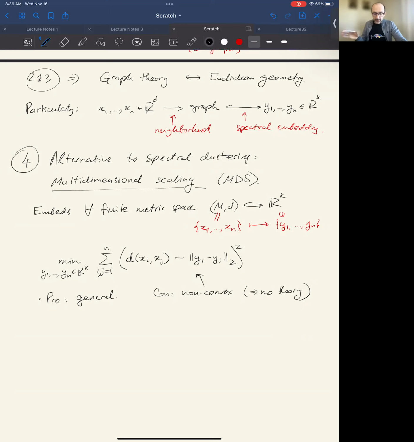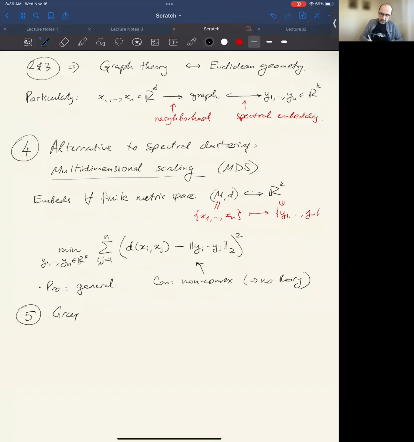Good. So this is MDS, multidimensional scaling, and it is super general, right? You can embed any metric space, anything with any kind of notion of distance, into Rk. And in particular, we can embed a graph if we represent a graph as a metric space, and we can do that. All it takes is to define the distance on the graph. And the distance is called the graph distance.